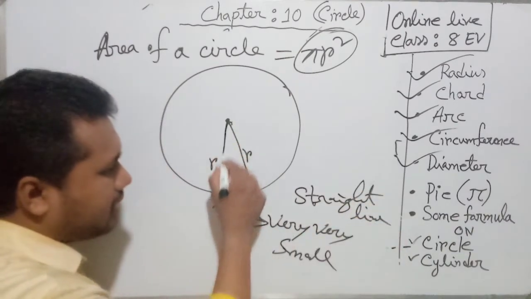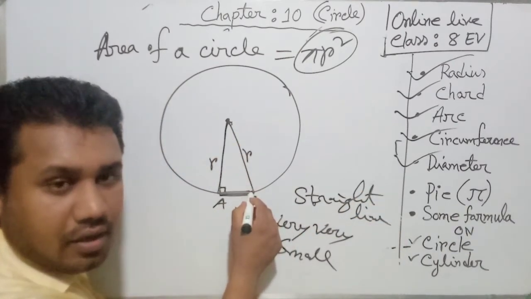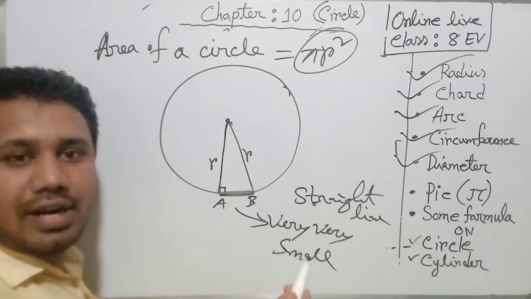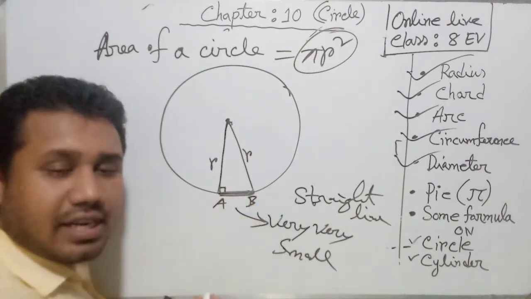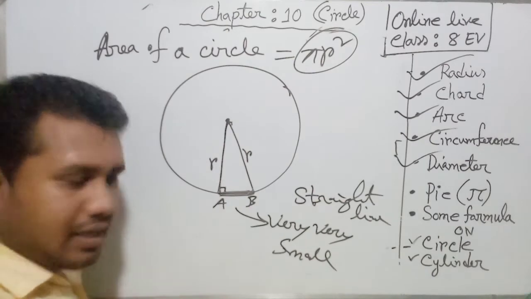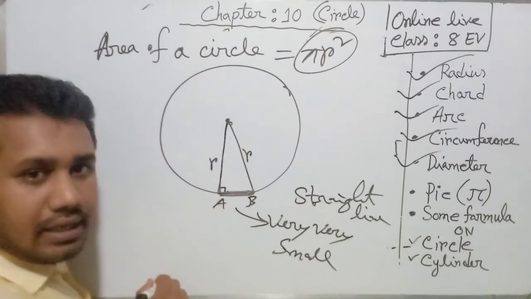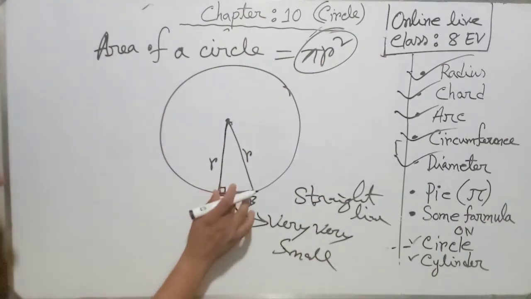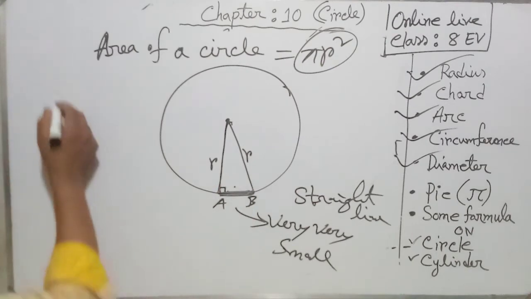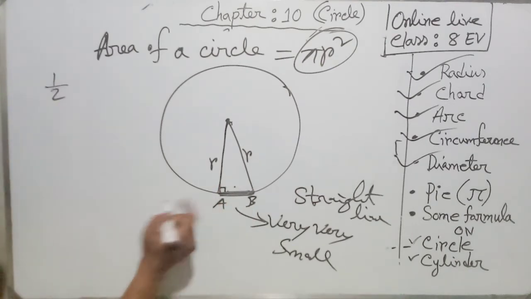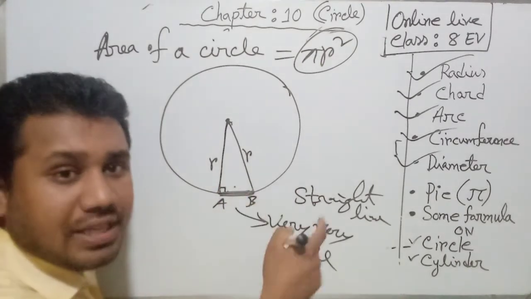So we can say this is a triangle, but it is a curve, so not a triangle. But if we take this as a straight line, we can say this is a right angle triangle. What will be the area of this? It will be 1 by 2, half into base into r.